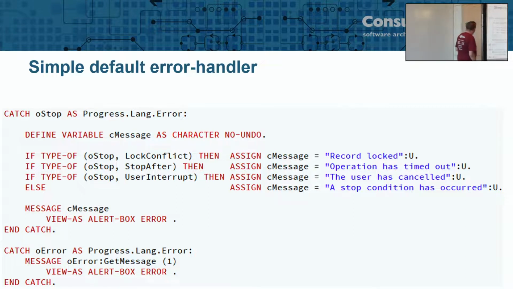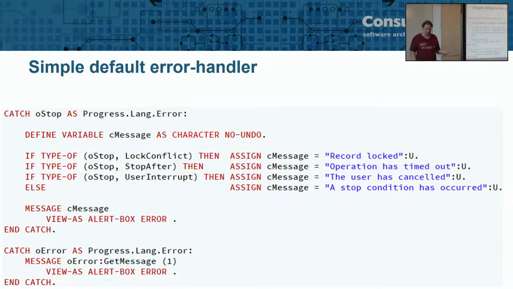And then if you have kind of like a default error handler, could be an include file, for us it's an include file, then it would be having the progress length error, and then you could display the error message or display much more details. And for the stop, you have to distinguish by the class.